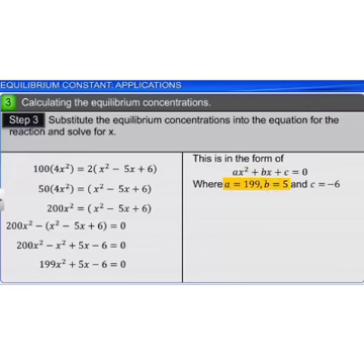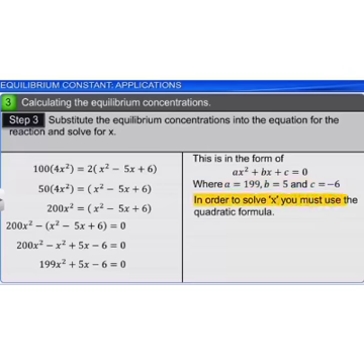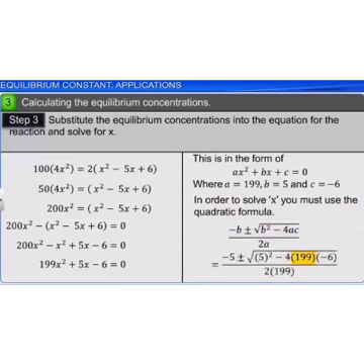In order to solve for x, you must use the formula x is equal to minus b plus or minus the square root of b squared minus 4ac, divided by 2a. On substituting the values of a, b and c, we get minus 5 plus or minus the square root of 5 squared minus 4 multiplied by 199 multiplied by minus 6, divided by 2 multiplied by 199.